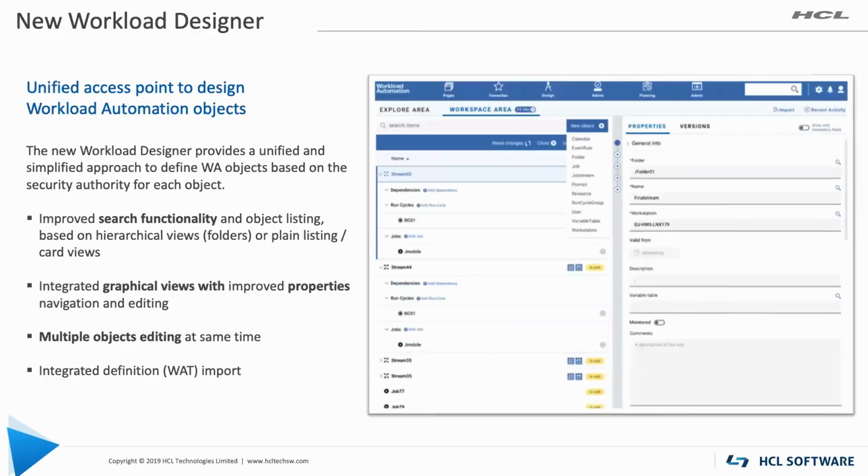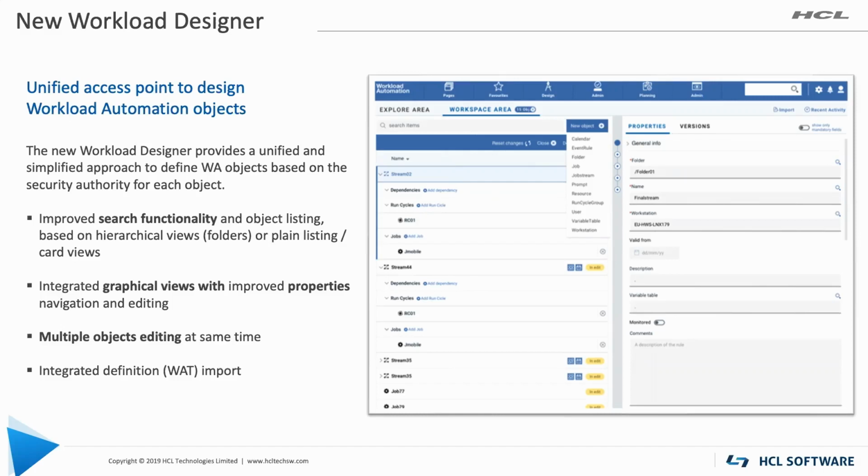Okay, let's talk about the last topic of the new release, which is the new Workload Designer. You will get a unified access point to design all your workload automation objects. There were objects that had a different view in 9.5, and we are providing a unified approach to all the objects.